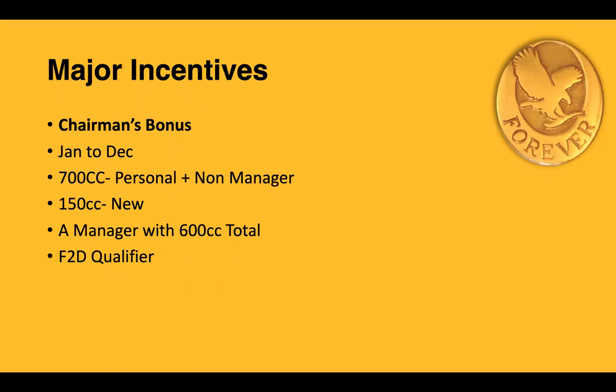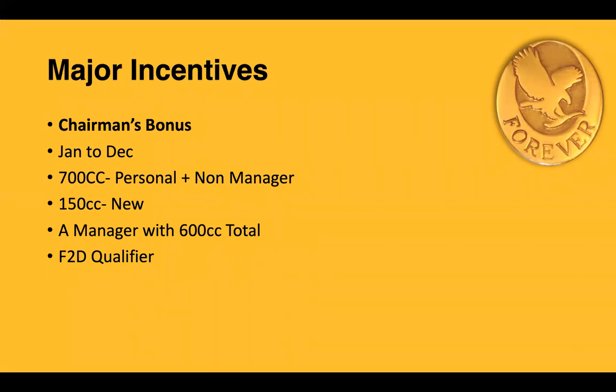If anything happens to that 1 person, you'll miss your qualification. So if you want to go for Chairman's Bonus next year, then this year put a goal to create 2 managers. And they don't have to be separate lines. Even if they're 1 line, it's okay, because you just need to have 1 manager in your team that will do 600 CCs. Forever to Drive, you can qualify for anytime.